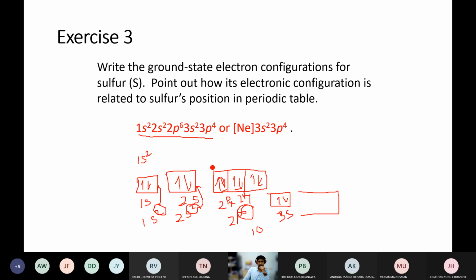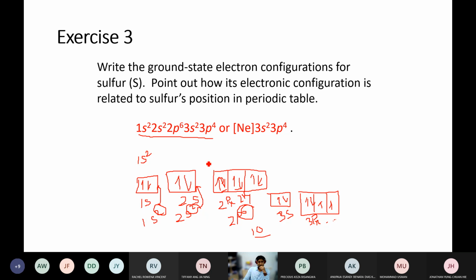And then there are 3p as well, and p has 3 sublevels: 3px, 3py, and 3pz. Each can have a maximum of 2 electrons.